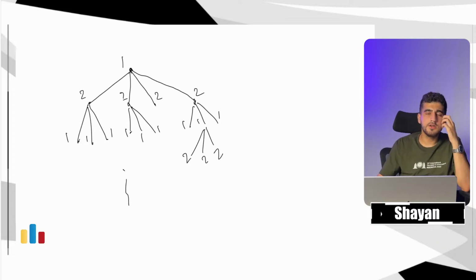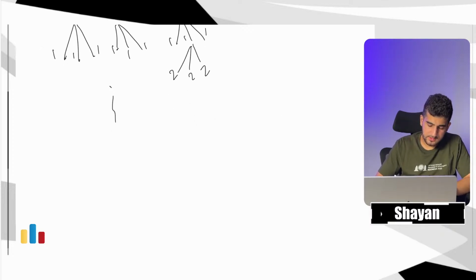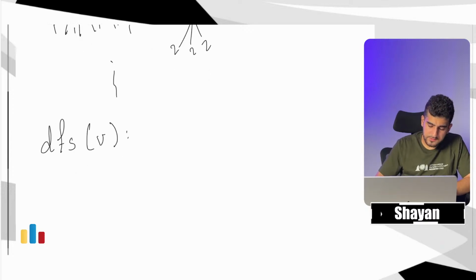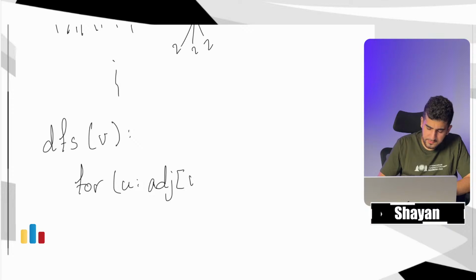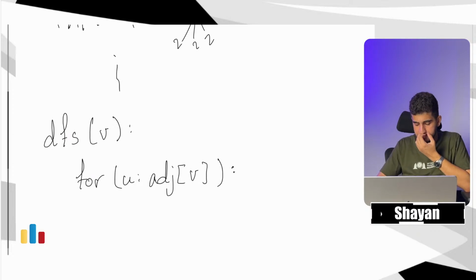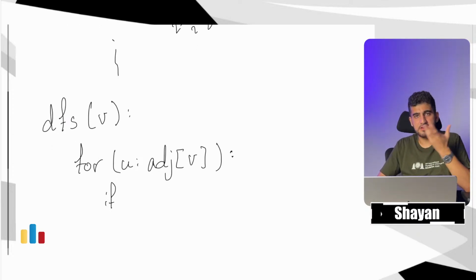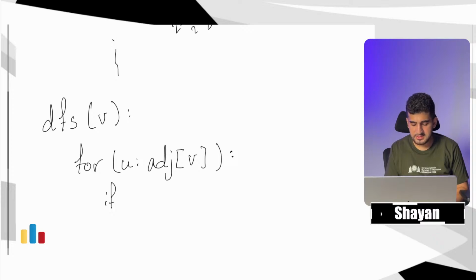So I can run something similar to DFS. I can have, for example, DFS on vertex V, and I do this for every U on just adjacent vertices of V, all the neighbors of V. I just say this: if that vertex was already visited, this part is from the normal DFS that we did in our last session, we said that if u was visited, we will just continue.